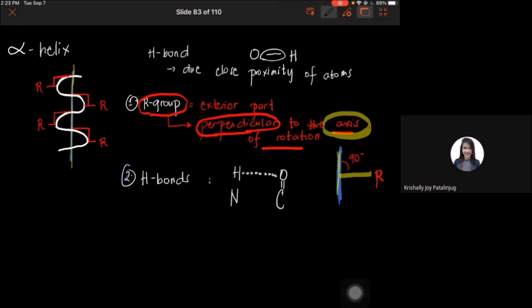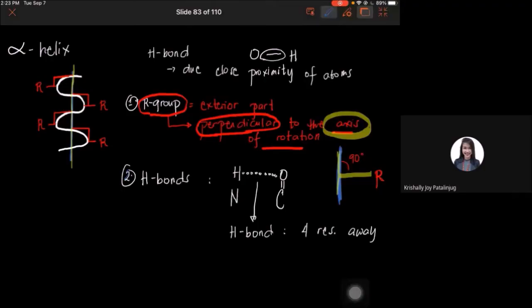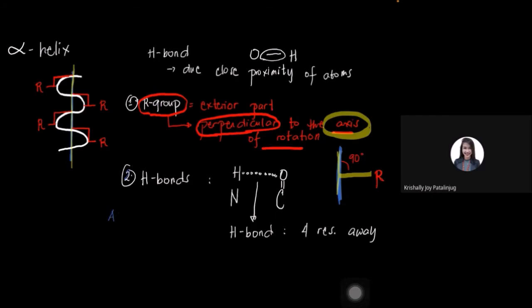So take note, ang hydrogen bond po, itong hydrogen bond, nake-create siya 4 residues away. Okay, 4 residues away mula sa starting point na amino acid. So halimbawa, parang ganito siya. You have a starting point na, ayan, amino acid. Ito yung starting point. Okay?